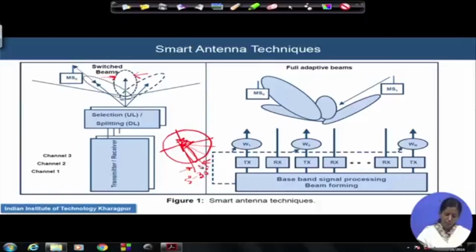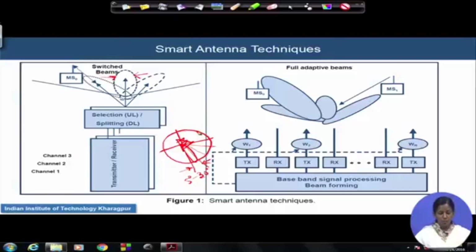Now, what will happen if the mobile moves from subsector 1 to subsector 2? Then he will simply switch the beam from subsector 1 to subsector 2 by changing the direction, but not changing the width of it. So, if the mobile station is moving, he will simply keep on moving the beam. It is switching the beam from subsector to subsector, and even if the mobile leaves this whole sector and enters the next sector, the beam can move to that other sector also.